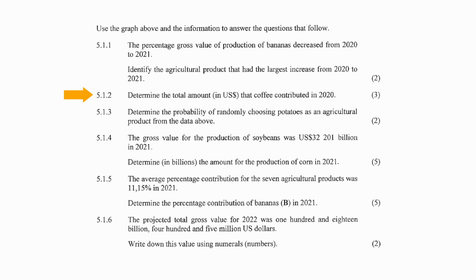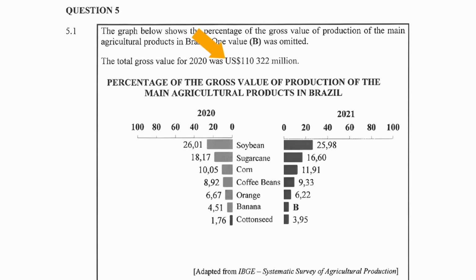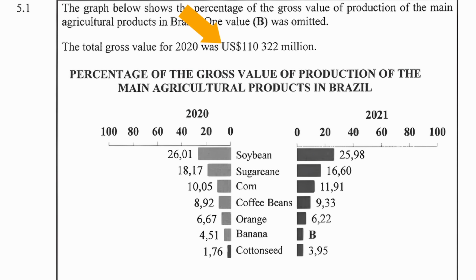In question 5.1.2, you have to determine the total amount in US dollars that coffee contributed in 2020. From the information given, the total gross value for 2020 was 110,322 million US dollars. And the total percentage that coffee contributed in 2020 was 8.92%.